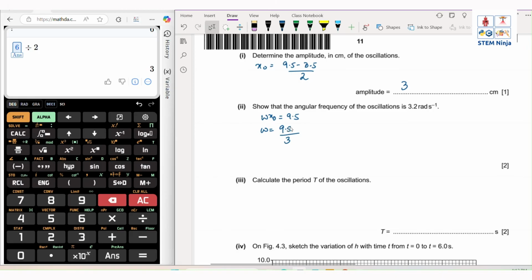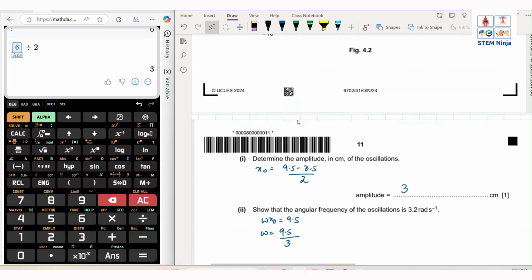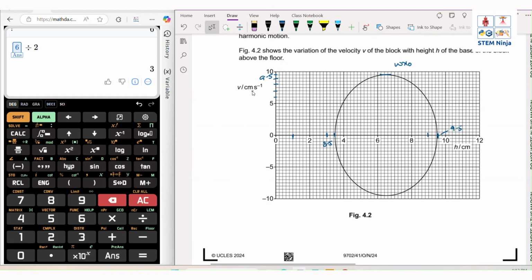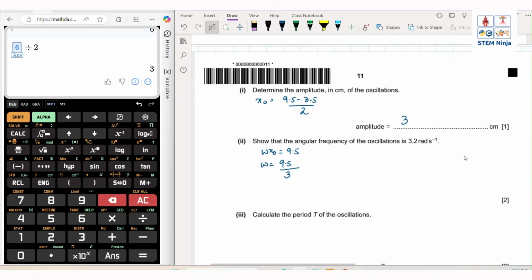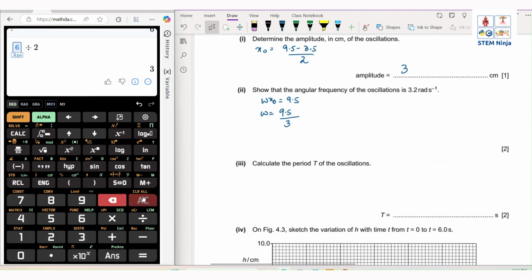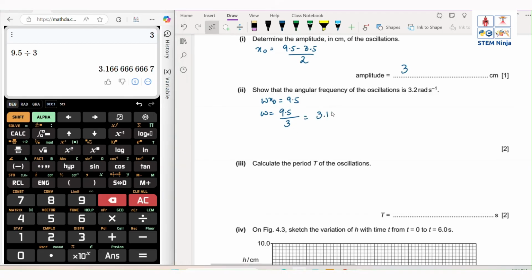Notice that we are dealing in centimeters here, so this is velocity in centimeters per second, and the height is also in centimeters, so the units are taken care of. So 9.5 divided by 3 is roughly 3.2, 3.166 recurring basically. So that is approximately equal to 3.2 radians per second.